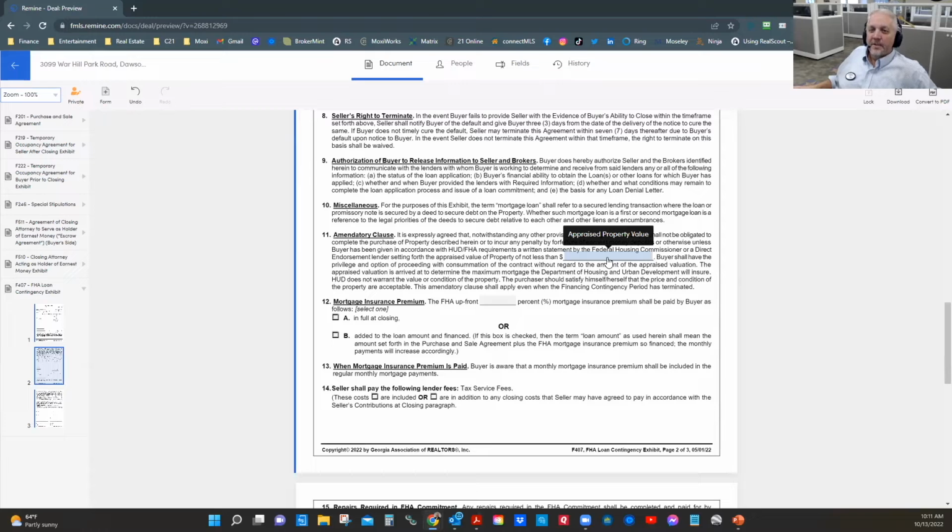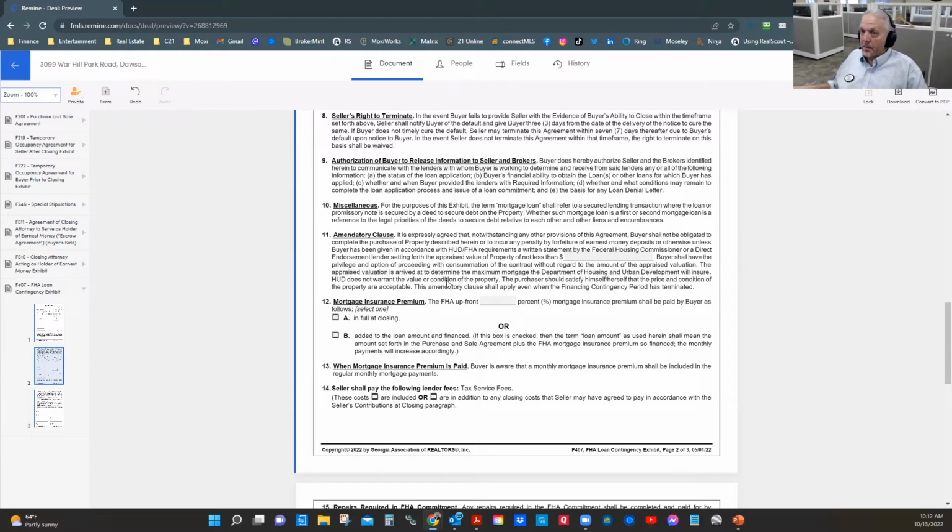Okay, so let me paraphrase that. For those of us who don't deal with legal language every single day, we're not attorneys, what that is essentially saying is the buyer cannot be punished because the appraisal comes in low. The buyer cannot be forced to surrender their earnest money on an FHA or a VA exhibit just because the appraisal comes in low.